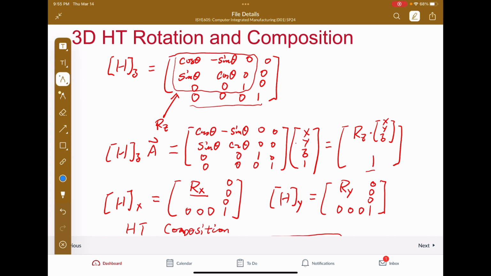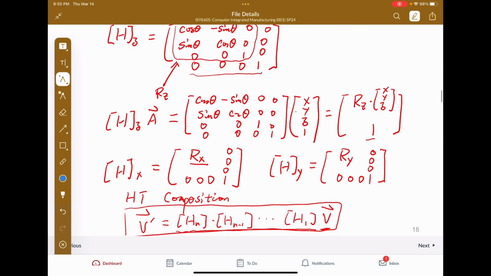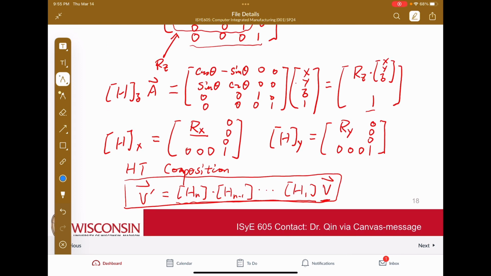So next slides, this slide tells you if we have multiple operations, a lot of rotations, a lot of transformations, translations, how do we calculate it?